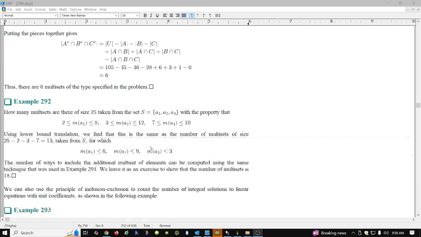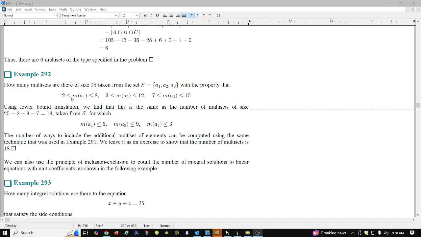One more example. Now we have both upper and lower bounds. So this is the multisets of size 25 taken from a set of size 3 with these bounds on multiplicities. The first step is to eliminate the lower bounds by doing lower bound translation.